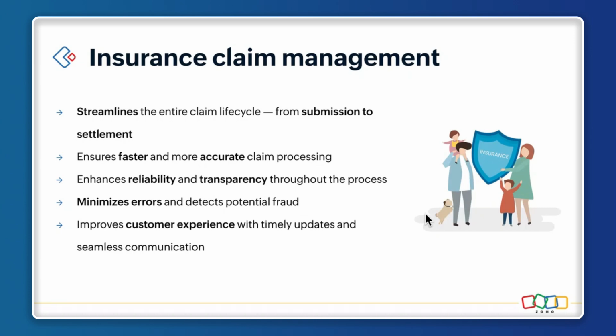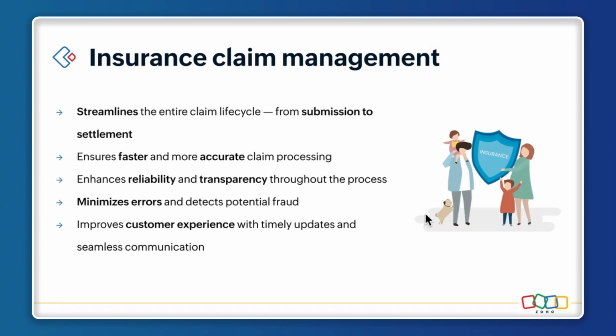Automating this life cycle plays a major role in many places. By automating it, we ensure faster and more accurate claim processing. It will enhance the reliability and transparency of the process between submission and settlement.